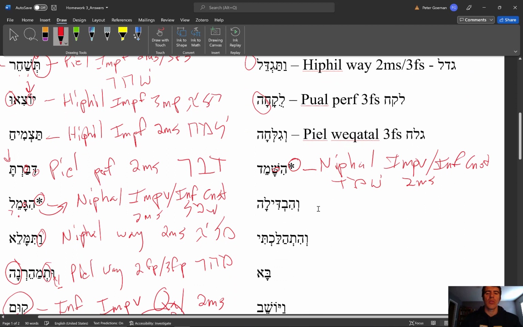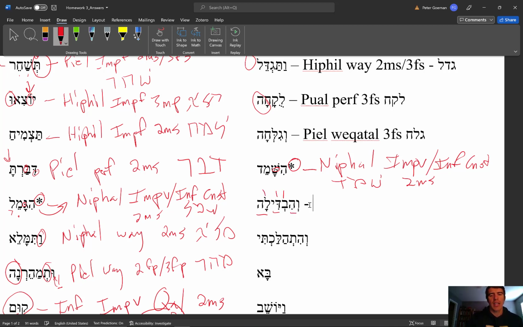So going to the next one right here. A lot of things going on here, but if you just break it down, you see a comet's hey, and you see a hey prefix, right? And a heric yod infix. So you see 3 parts, and basically you see the ba dal as the 3-letter root. So comet's hey, what does that usually mean? That usually means 3fs.